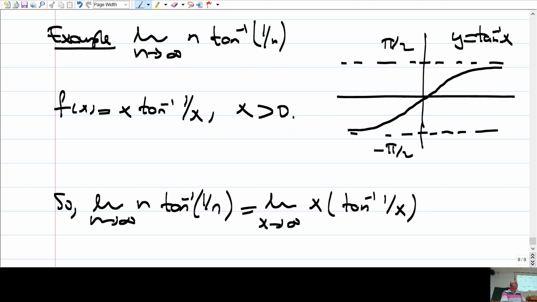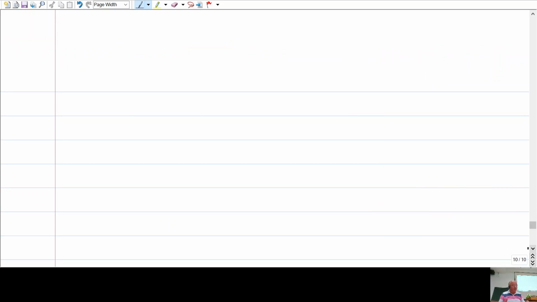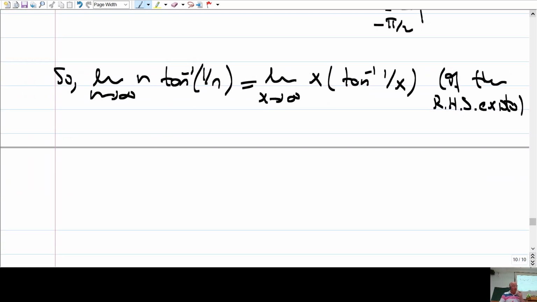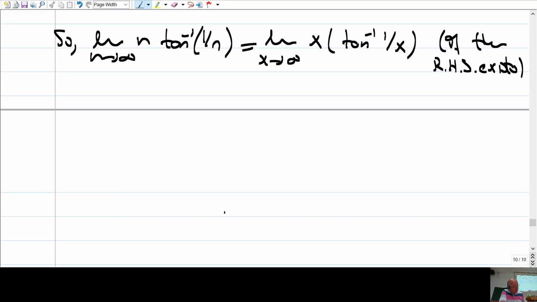So actually these are not equal to each other in general, but we have this equality if the right hand side limit exists. If this limit exists, then it is equal to this one. At the moment, we don't know whether it exists or not. Well, we will work hard to see if it exists.